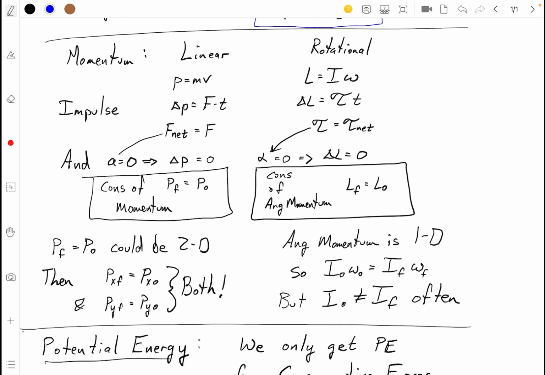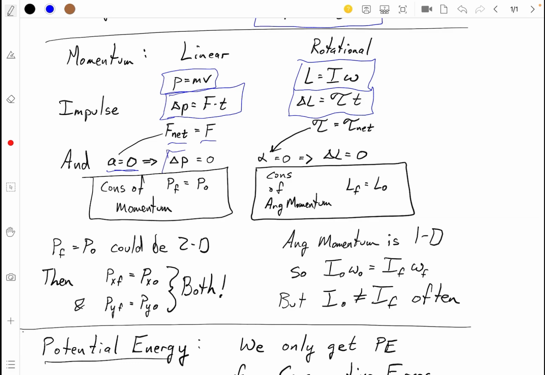Okay, momentum. We've got linear momentum. We've got rotational momentum. And then we have the impulses. Not personal impulses. These are impulses that happen due to forces and torques. Now, what happens if your F net is equal to 0 because a is equal to 0?